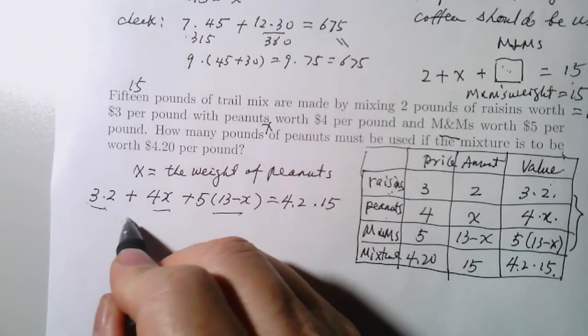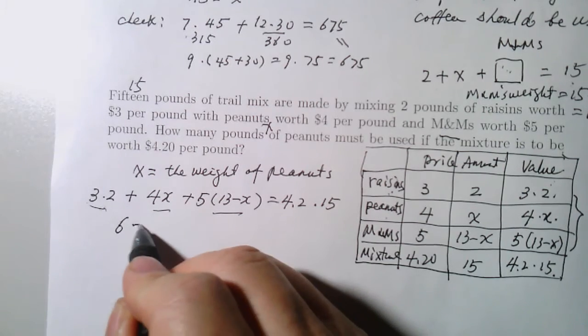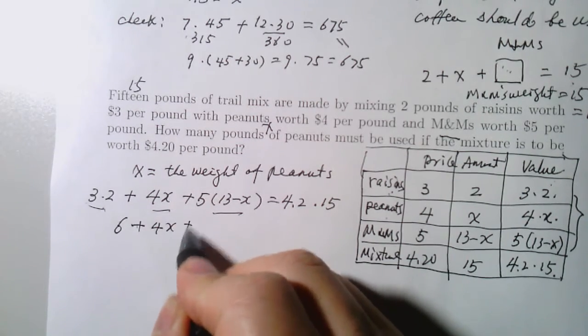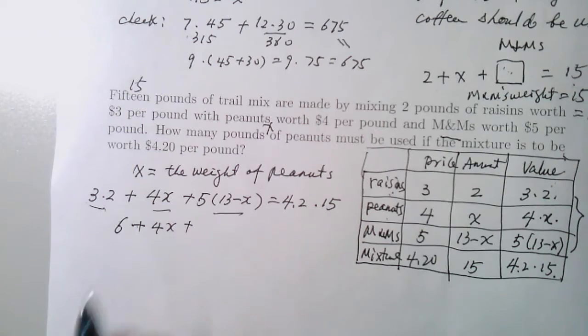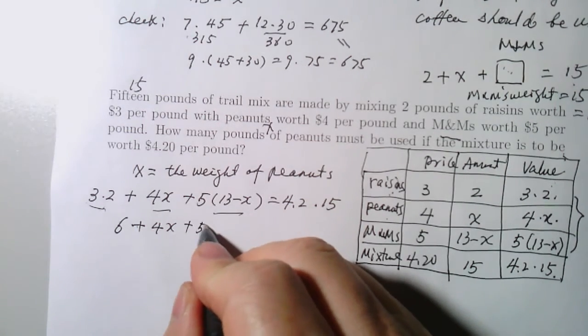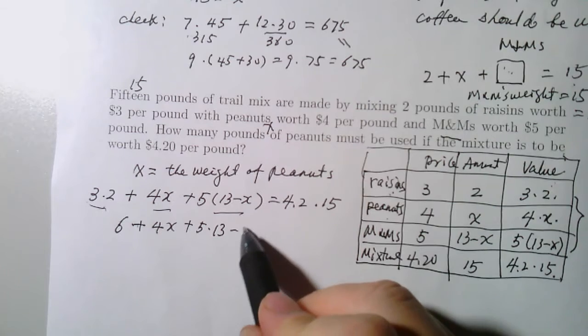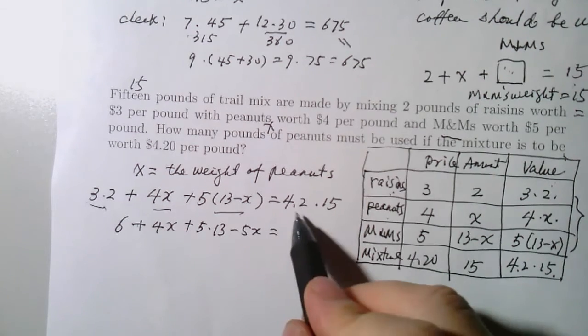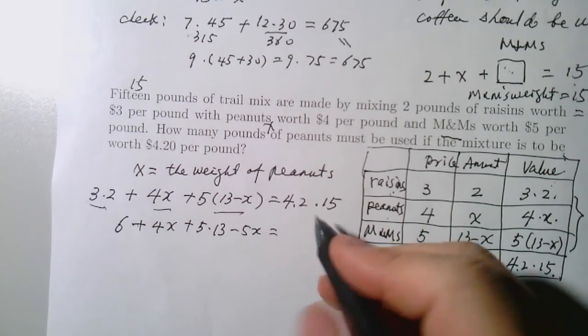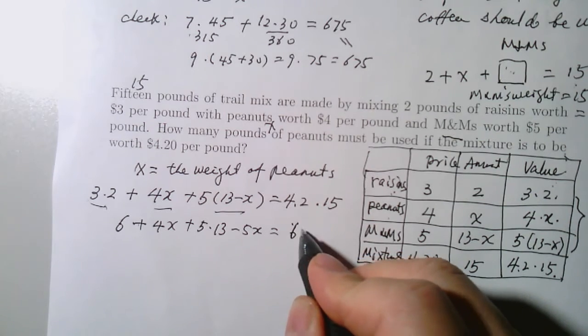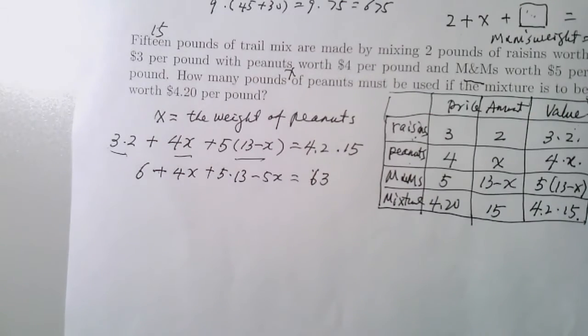That's 2 times 3, 6, plus 4x plus 5 to distribute to each of them. We have 5 times 13 minus 5x equal to 4.2 times 15, which I got is 63 there.